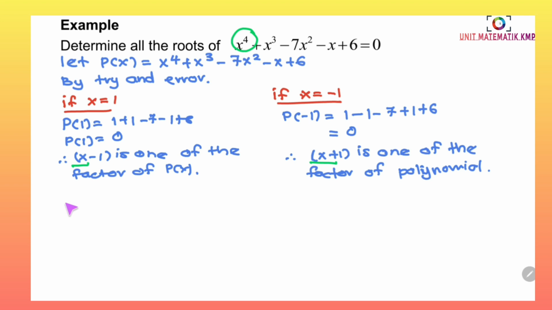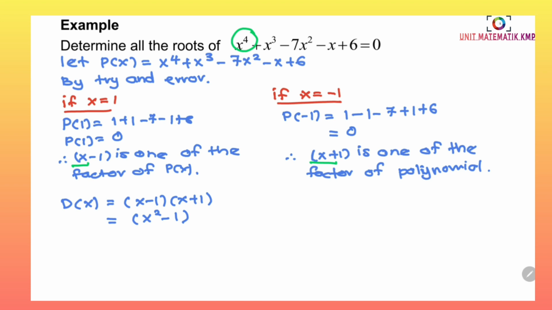Before that, let's find the divisor. So the divisor here is equal to both factors, x minus 1 and x plus 1. So here, our divisor is x squared minus 1.